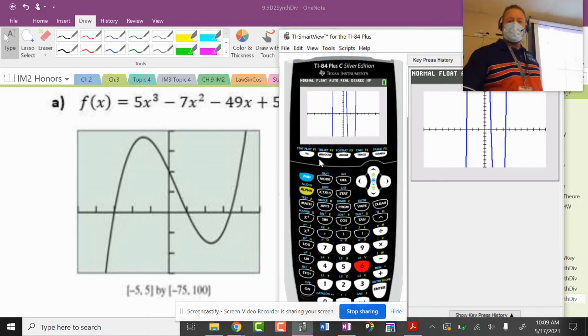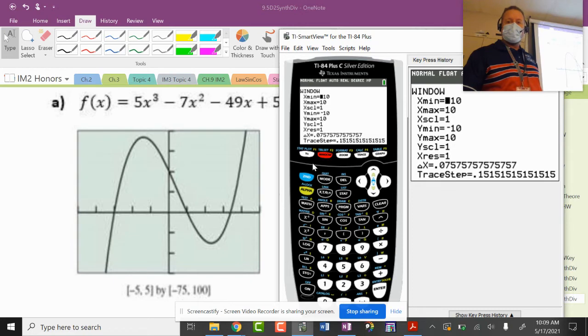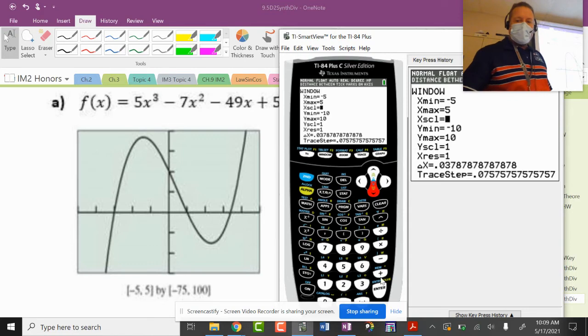So hit window, just getting used to your graphing calculator, and change that to negative 5, not minus 5. That'll be a syntax error. Negative 5. I actually put my cursor over to the minus sign. And then negative 75 to 100 was their random. Put that in the wrong spot.